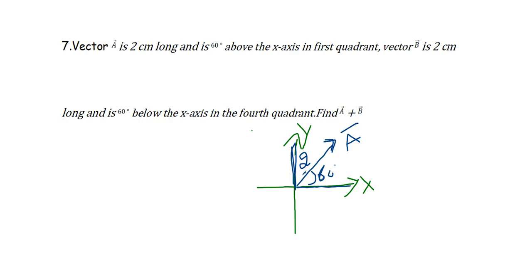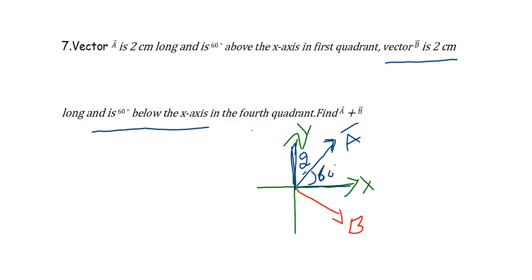Next, vector b bar is 2 centimeters long and is 60 degrees below the x-axis. Another vector is b bar.